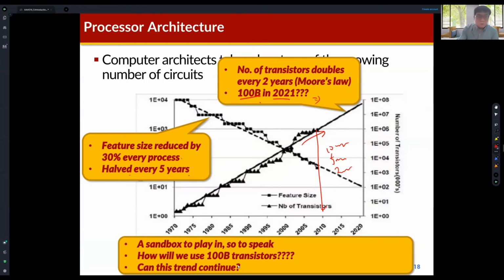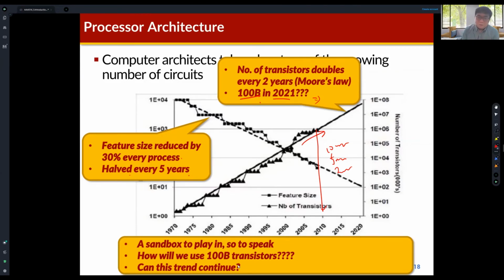Moore's law is facing its end. So we need to develop some ideas to overcome the ending of Moore's law. But we need to develop higher performance processors, so we need to develop some new ideas in the processor architecture actually.